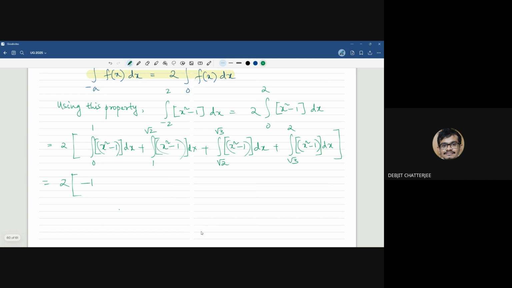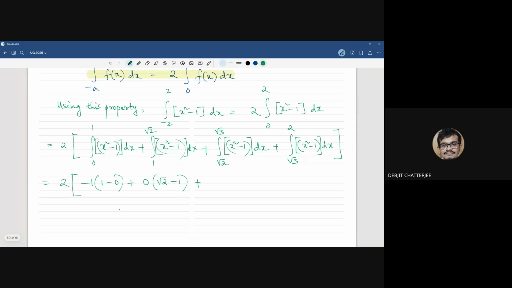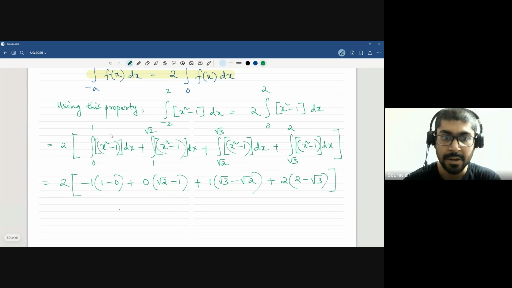So -1 into 1 minus 0 plus 0 into root 2 minus 1, like that. Plus 1 into root 3 minus root 2. Plus 2 into root 2 minus root 3. Very good.